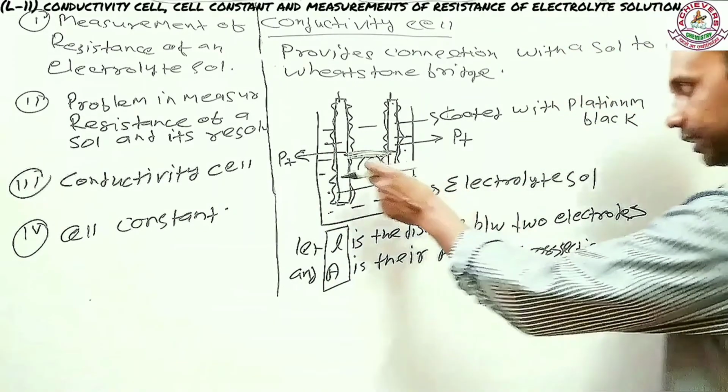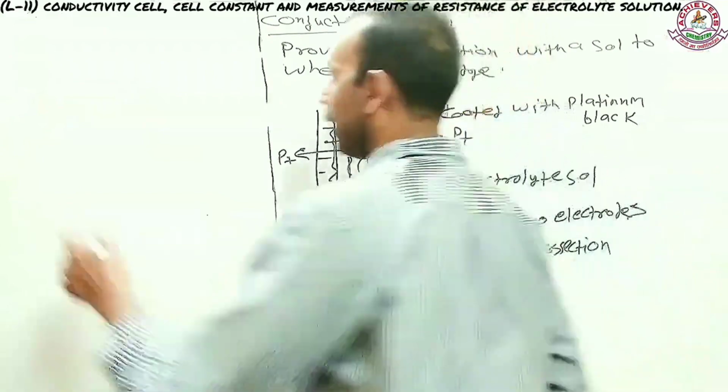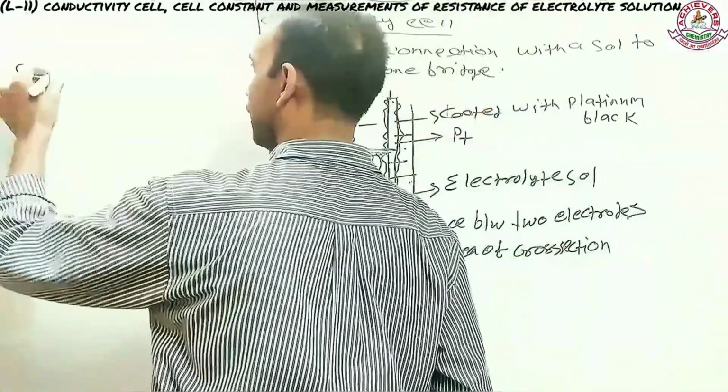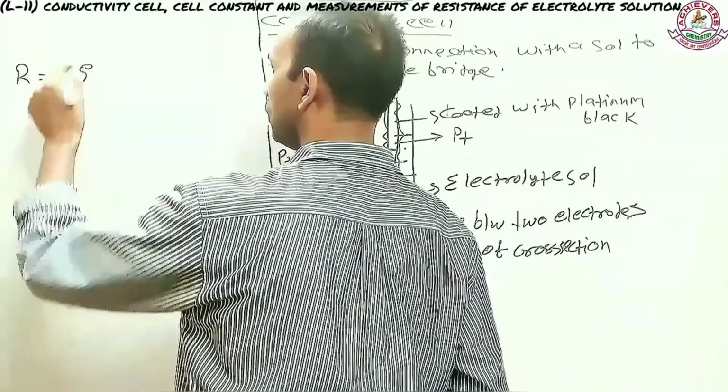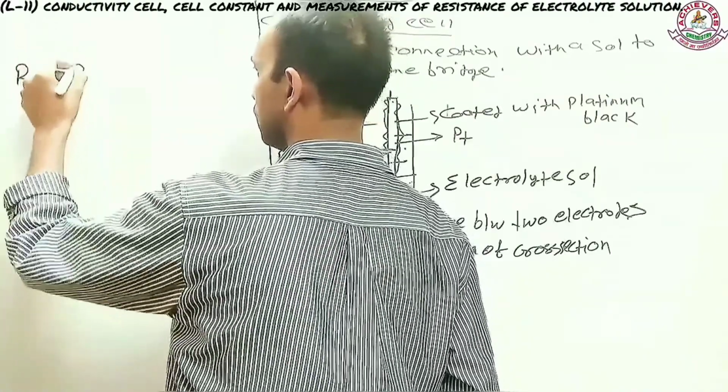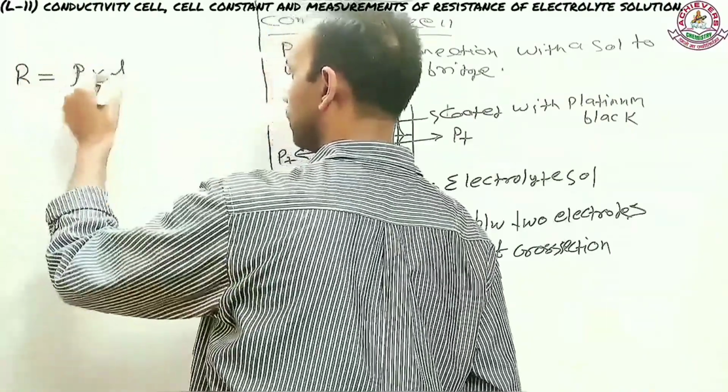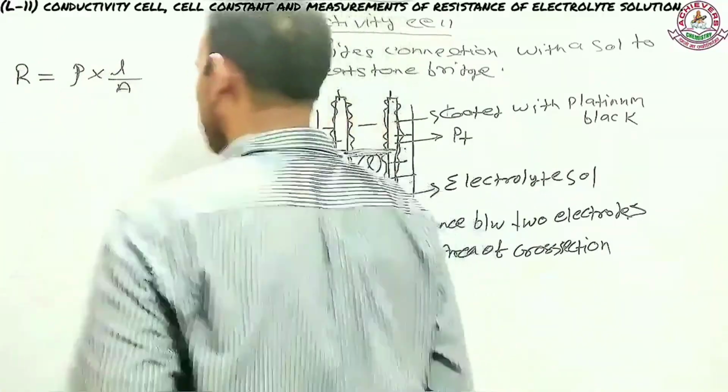Now, the thing is that R is equal to rho into L upon A, right? That is the formula.